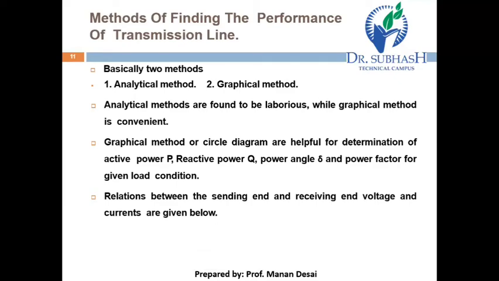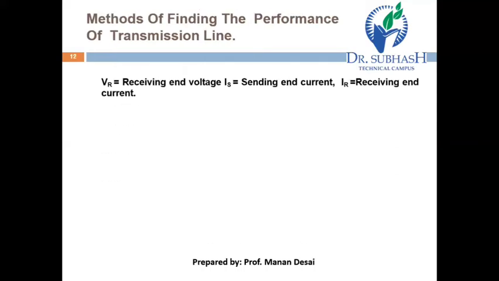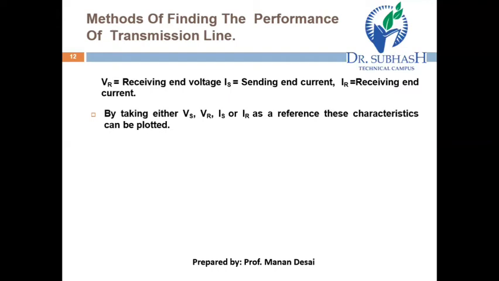Relations between the sending end and receiving end voltages and currents are given below. ABCD parameters are the generalized constants of transmission, and hence Vs is equal to A VR plus B IR and Is is equal to C VR plus D IR, where Vs is the sending end voltage, VR is the receiving end voltage, Is is the sending end current, and IR is the receiving end current.